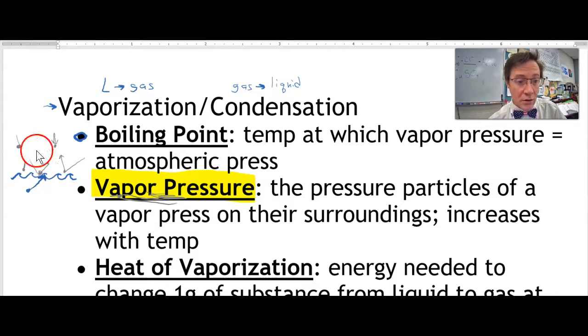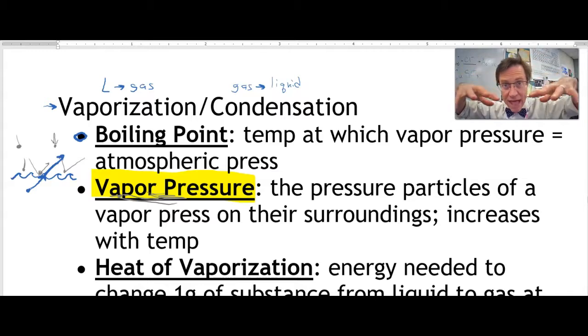So this little water particle needs to hit so hard that it can blast past all that pressure from the atmosphere and rise up. And once it has enough force to do that, you'll notice that little bubbles will start to form, right? Because those particles are able to push. They're hitting so hard and rebounding so hard that they're able to push away and push apart and push against that atmosphere to make it boil.